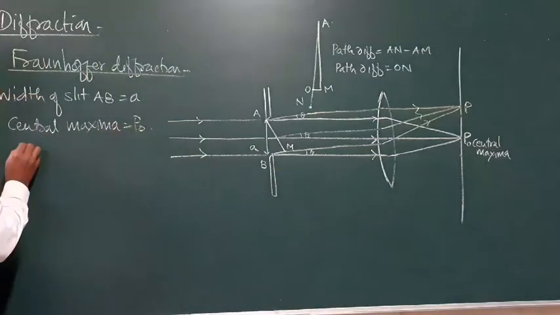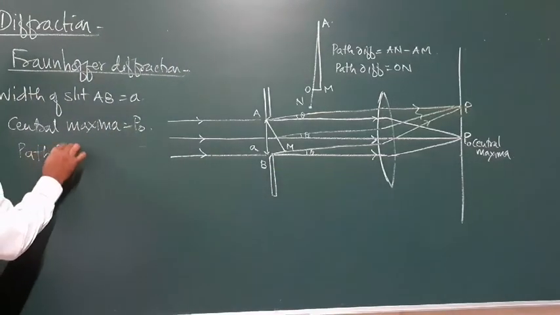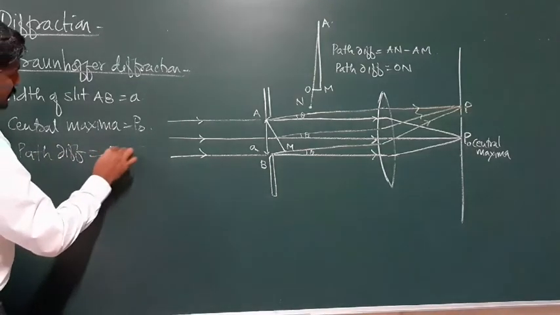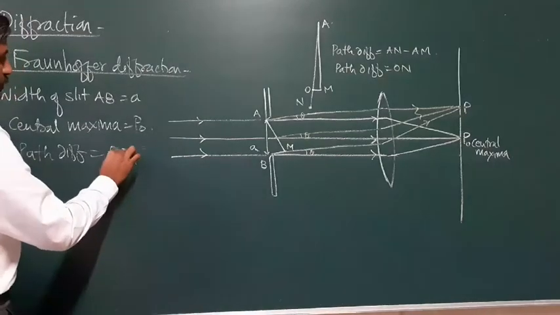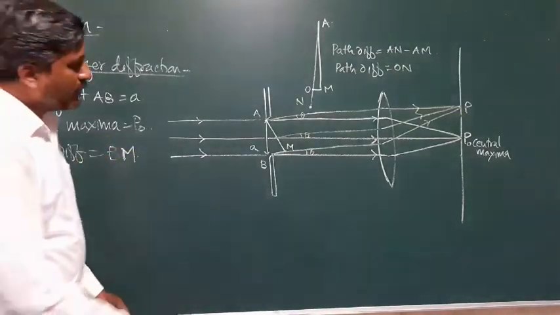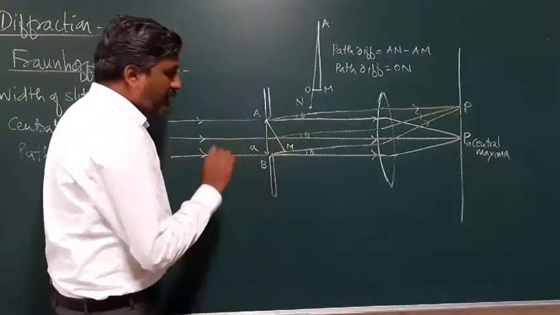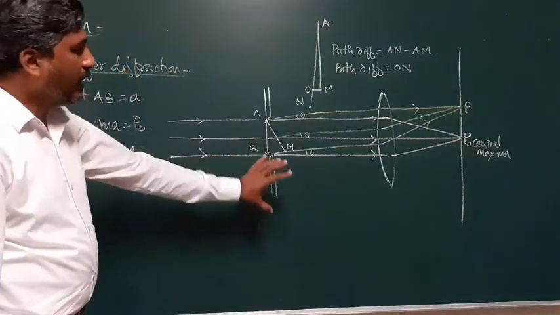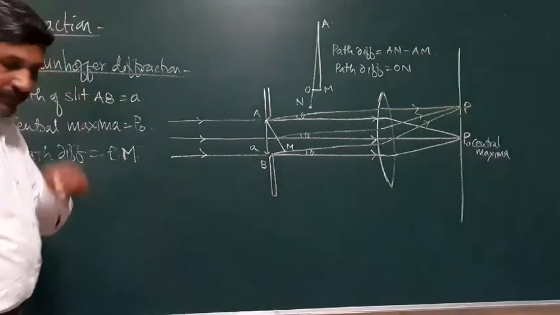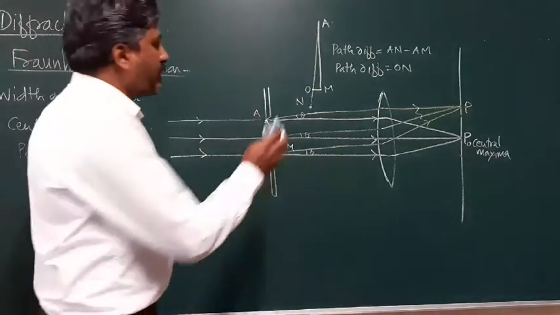So I am writing here my path difference is BM. BM is my path difference. Now see very clearly. I will draw the same diagram once again here. So we understand, this part is clear for everyone.